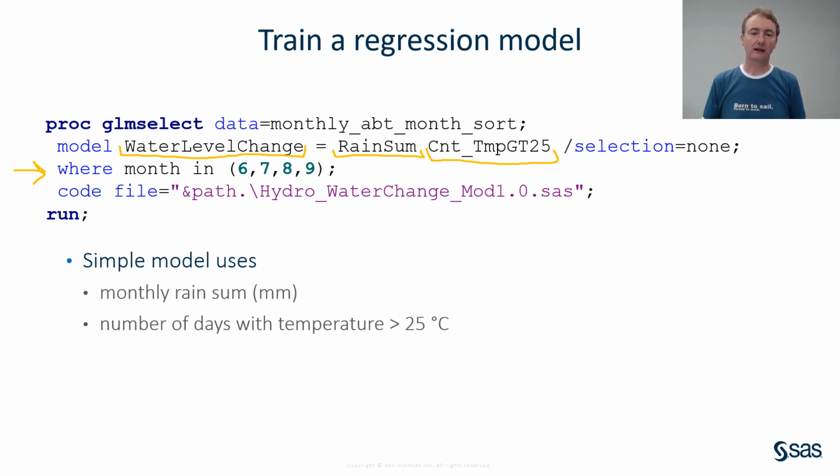Another comment: I used the number of days with temperature above a certain level instead of average temperature, because this is easier for us humans to understand and evaluate. It's hard to say what the average temperature on a particular day is. It's easier to say it might be a day with more than 25 degrees or less.